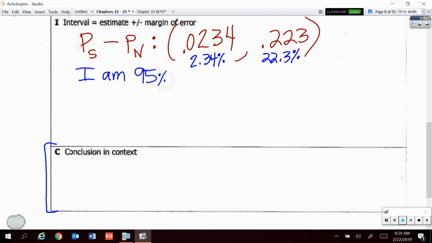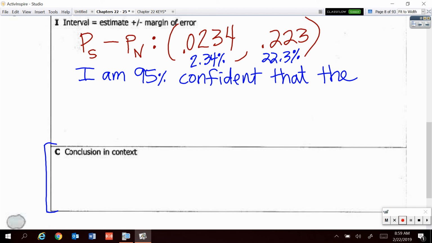So I am 95% confident that the, and what is this problem of when you have two proportions, what is it about? The difference between them.